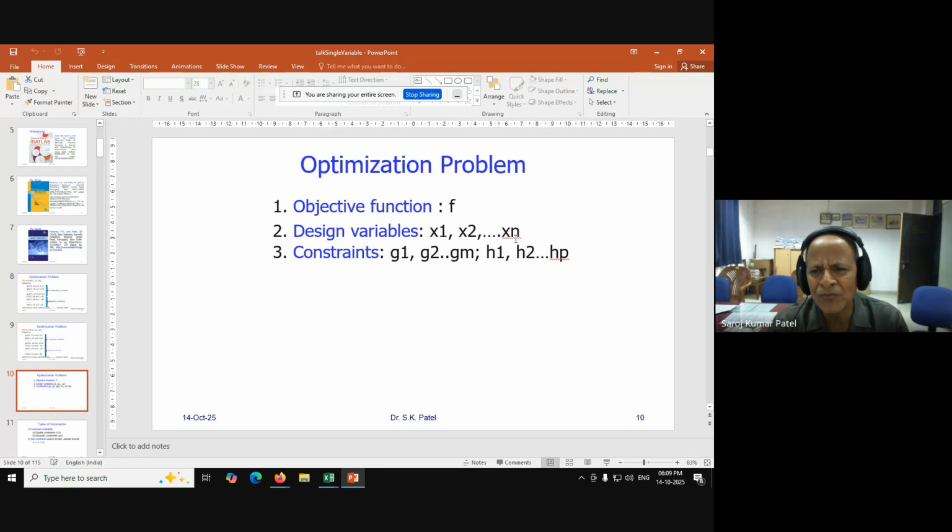These x1, x2 up to xn, which are the unknown variables whose values we are going to find out, are called design variables or decision variables. Variables for which we are going to design, or the variables which we are going to decide. And these constraints G1 to Gm, the inequality type, are inequality constraints, and H1 to HP are P number of equality constraints. So we have three components in any optimization problem.